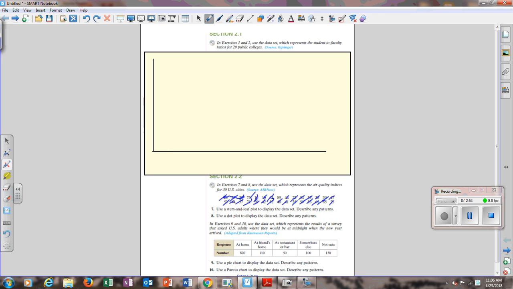So it's just a bar graph where they don't touch, and it starts with the highest bar and goes down to the lowest. We'll make that 100, 200, 300, 400, 500, 600. Show us some room here, huh?